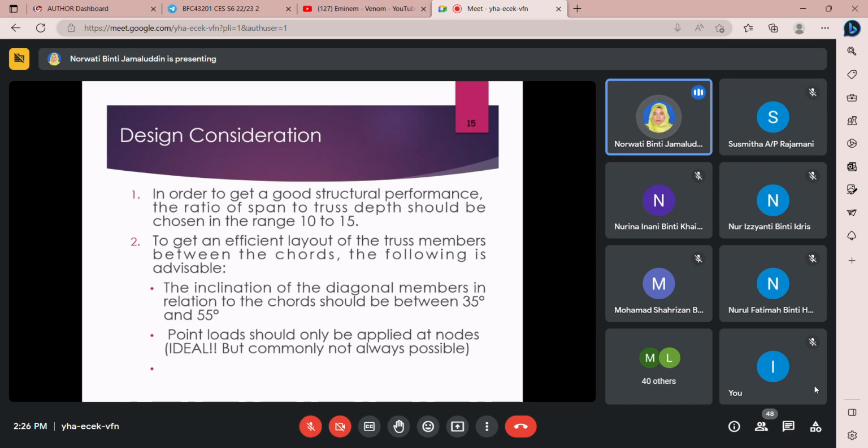Like I said, you may have loading in between the nodes.